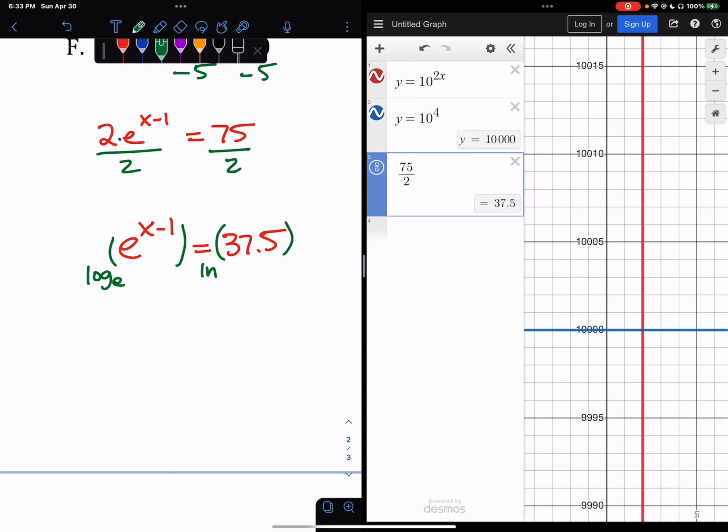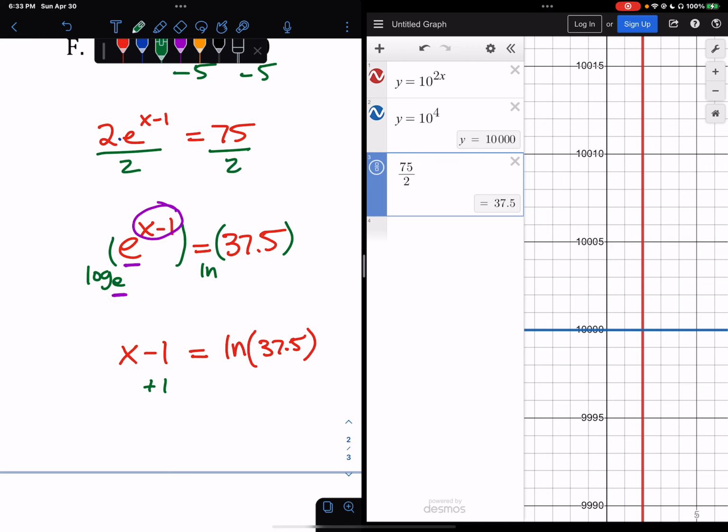And so on this side, what happens? Our log property: if my bases are the same, my exponent becomes my answer. So we get x minus 1 equals, on the right, the natural log of 37.5. And then our very last step to getting x by itself: since 1 is being subtracted from x, we've got to get rid of the minus 1.